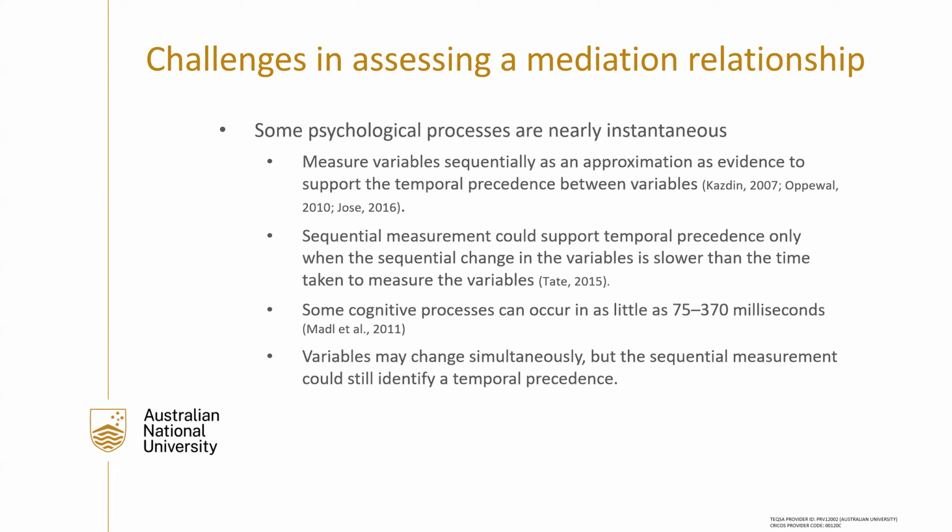However, some cognitive processes can occur in 100 milliseconds, and measuring times may take several minutes. This brings us the challenge of assessing the temporal precedence between variables, and this can even lead to false identification of mediation relationships. For example, variables may change simultaneously, but the sequential measurement could still identify a temporal precedence among them, and this could lead to a false conclusion of mediation relationships.